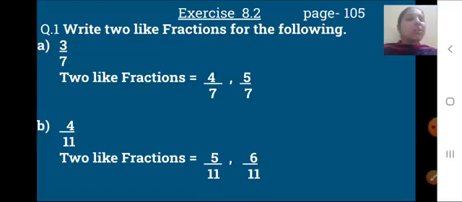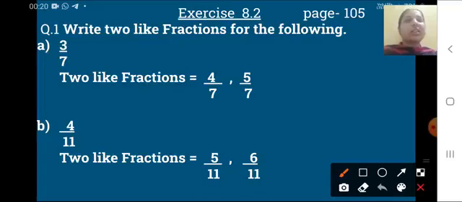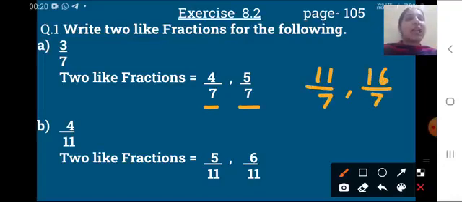You can write any 2 fractions which have 7 as the denominator. Here we have written 4 upon 7, 5 upon 7. You can write any other number as well, but it should have 7 as the denominator. You can also write 11 upon 7, 16 upon 7. They are also like fractions for 3 upon 7.